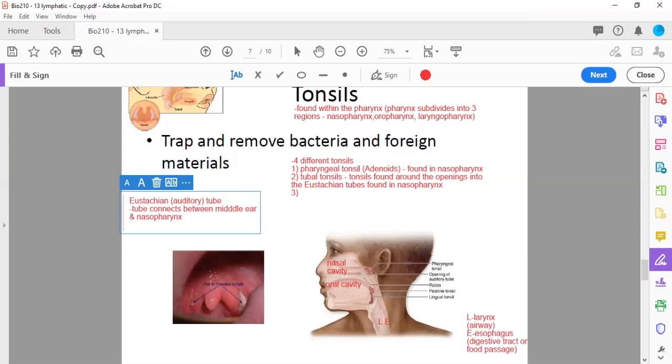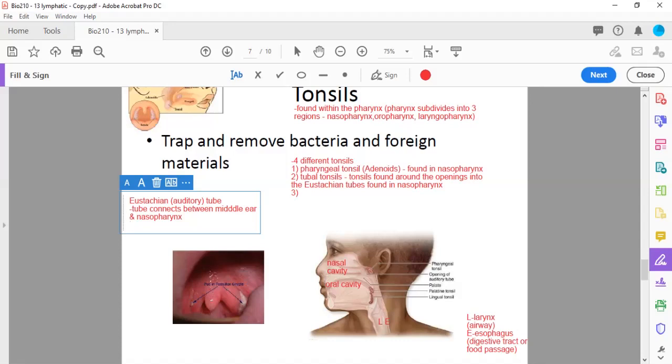The reason why, and this is what you can think of in this case, is that when you have a throat infection, an infection in the pharynx, there is a chance that you could get an ear infection. The reason is there's a connection between the throat, in this case the nasopharynx, and the middle ear by the eustachian tube.